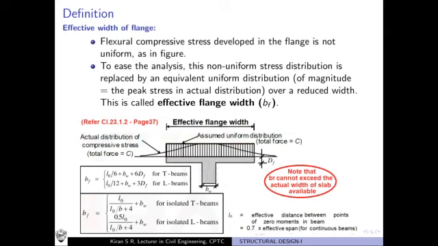Since we said that a part of the slab is also forming a part of the beam, the slab also experiences compressive stress, but the compressive stress on the slab may not be as high as is experienced by the beam. That is exactly what is shown here by the actual distribution of compressive stress. You see, the compressive stress is maximum at the region closer to the beam, but as you move away from the beam, you observe that the stresses are decreasing gradually.